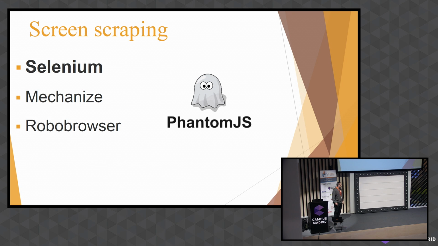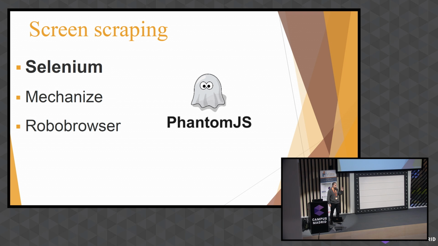Well, for screen scraping in Python, we have these tools. The best known is Selenium. With Selenium, we can navigate over a site and capture fonts, navigating through the DOM elements of the page, and so on.